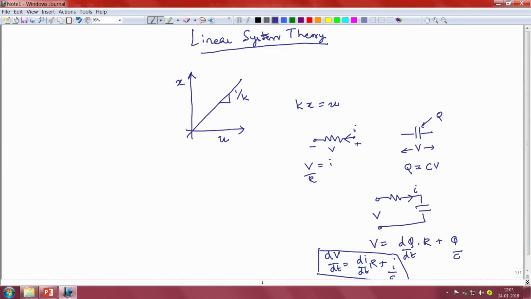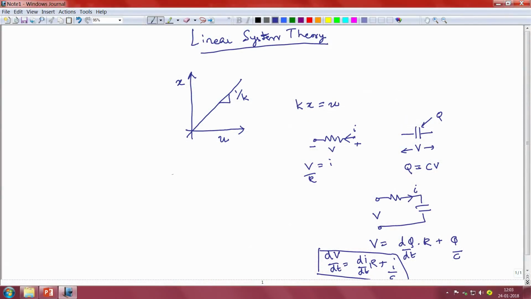For instance, if we revisit this equation kx is equal to u and assume that k is some kind of an operator, of course we know that it is simply a proportionality constant which scales the input to give me the output, but if you assume that it is an operator, a scaling operator if you will, then what are the properties of this operator?